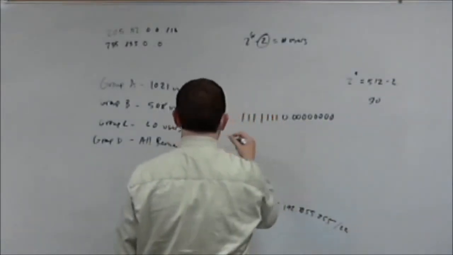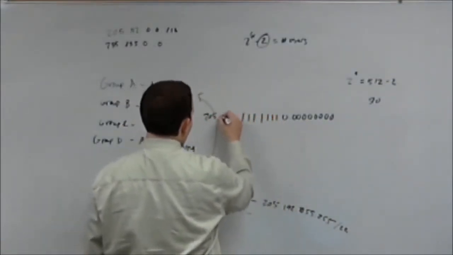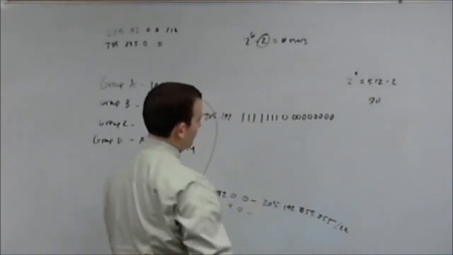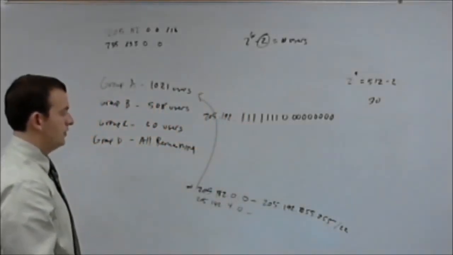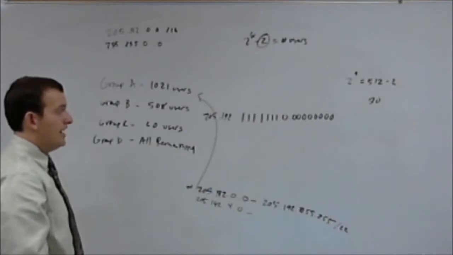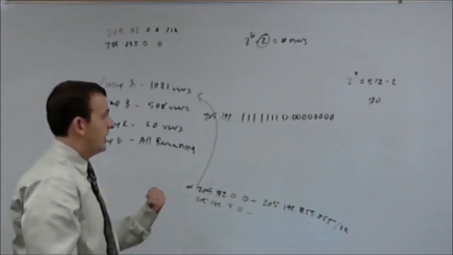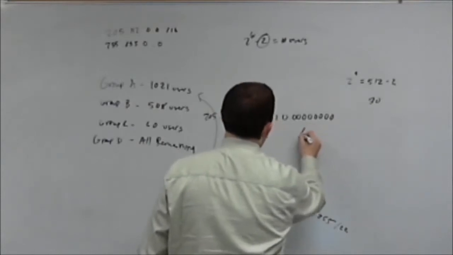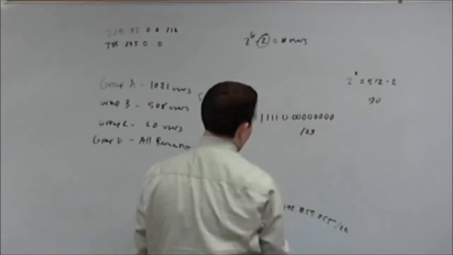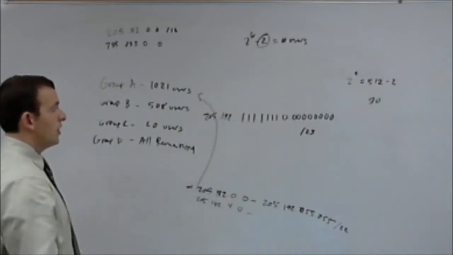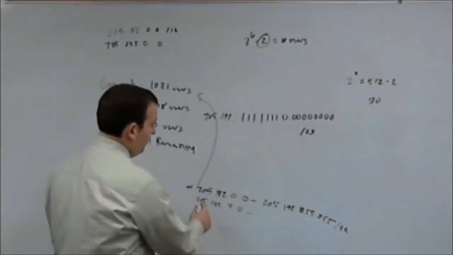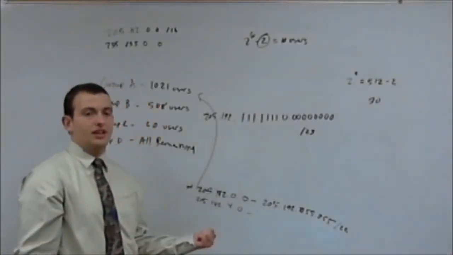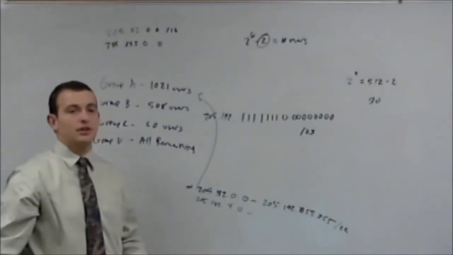And then of course we have 205.192 here. So, we now know our subnet. Our subnet is going to be /23. So, we are going to start at 205.192.4.0 because that's where we left off with the last one.